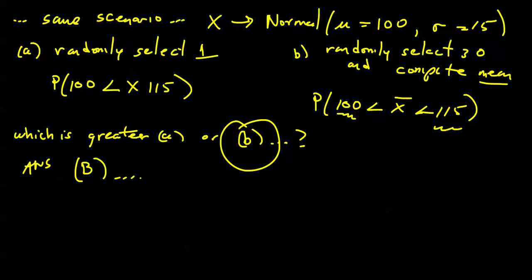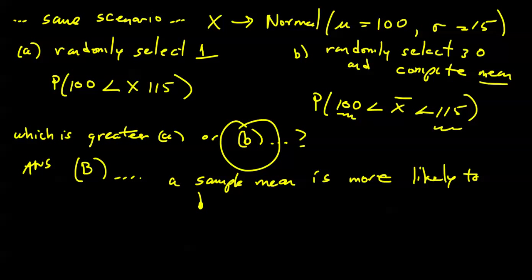And for much the same reason we gave in the first scenario we talked about today, a sample mean from a group of 30, or any size, is more likely to be near the population mean value of 100.